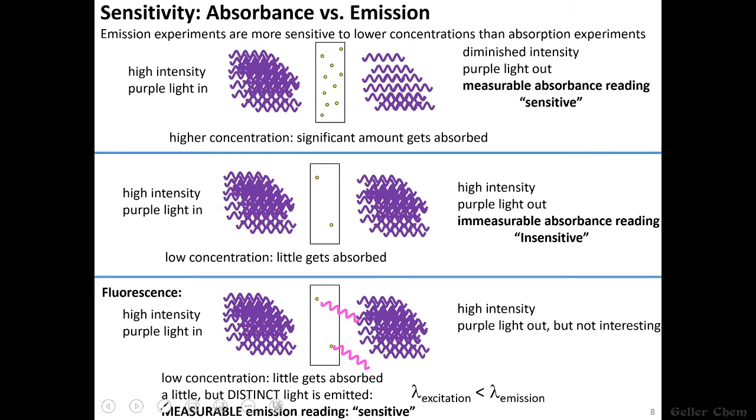So how do we keep track of the different light photons? How do we make sure that we're detecting this fluorescent light and not this transmitted light from the original source that we're sending into the sample? So there's two ways that fluorescence gives a distinct signal from the light that we're shining in.